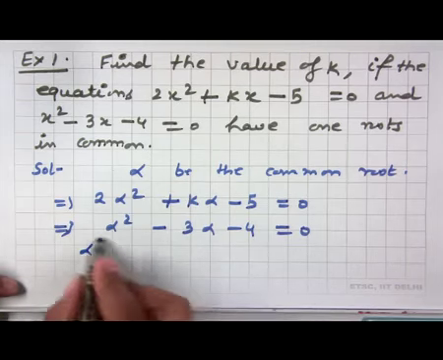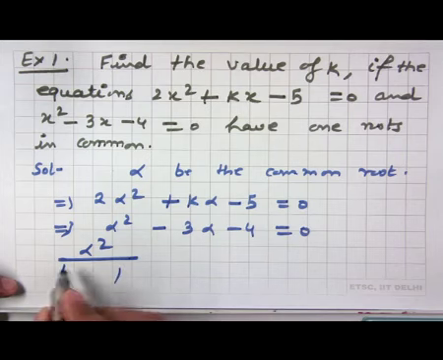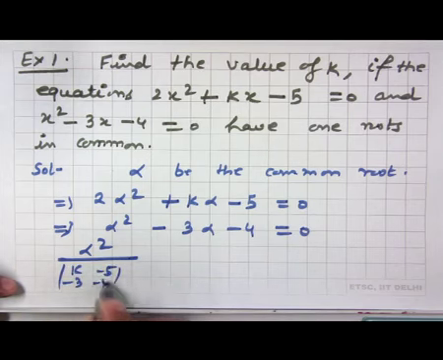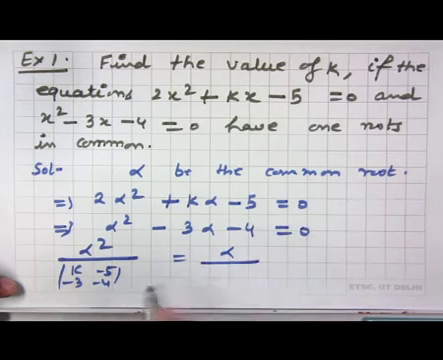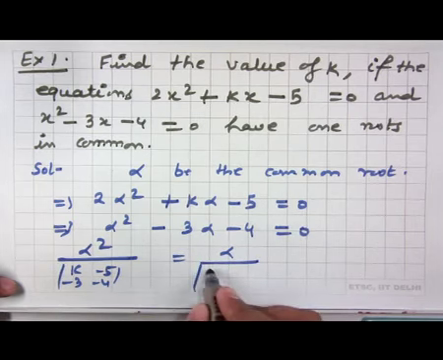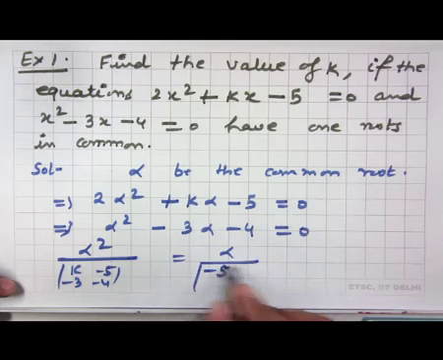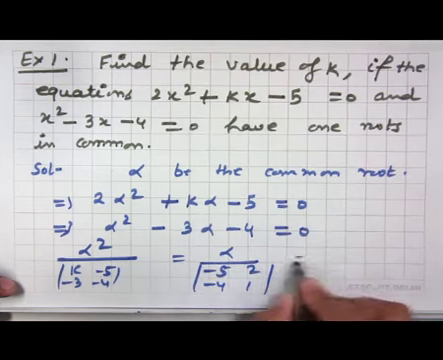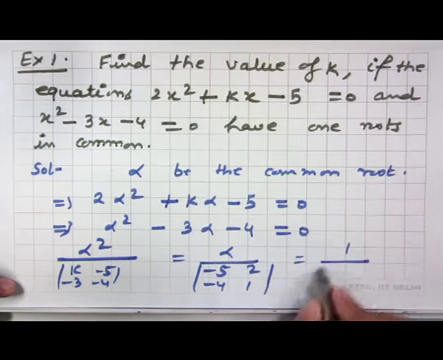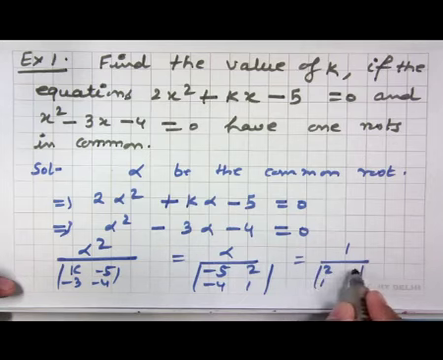It will be alpha square over k minus 3 minus 5 minus 4 equal alpha over minus 5 minus 4 2 and 1 equal 1 over 2 1 k and minus 3.